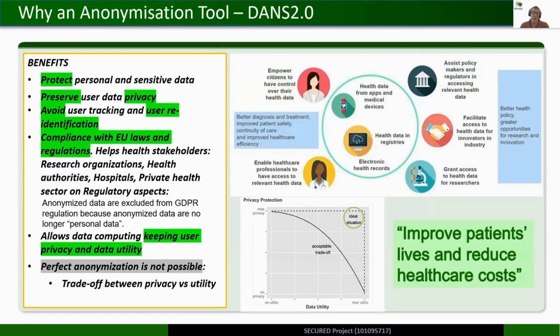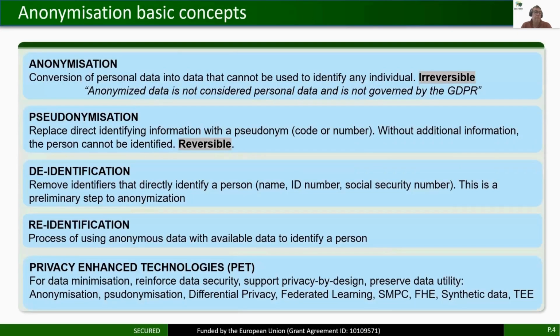So the final goal is to improve the patient's life and reduce the healthcare cost. So I would like to introduce some concepts that sometimes can be misunderstood or can cause confusion between them.